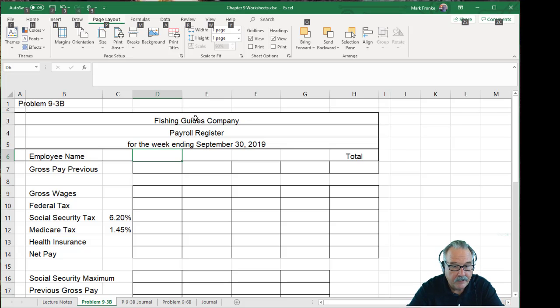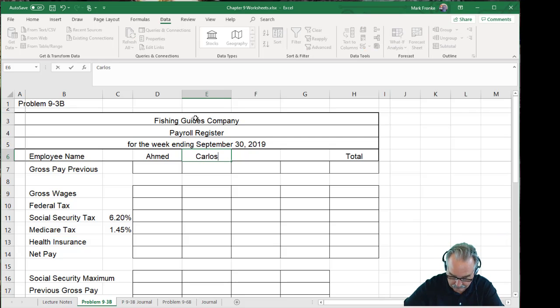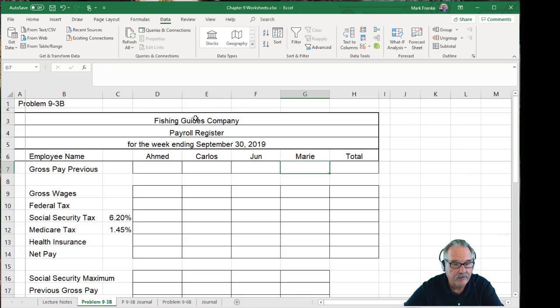We have Ahmed, Carlos, June, and Marie. These are our 4 employees, and we're going to put in their previous pay before this pay period.